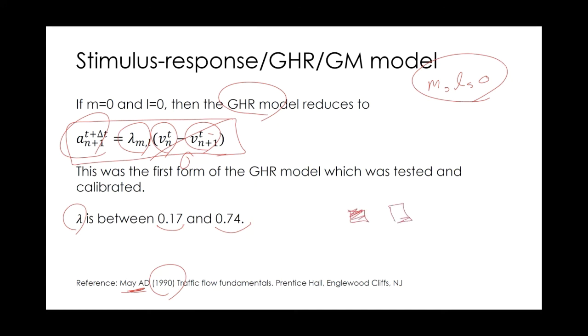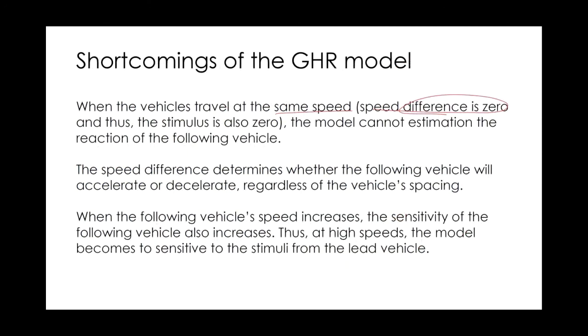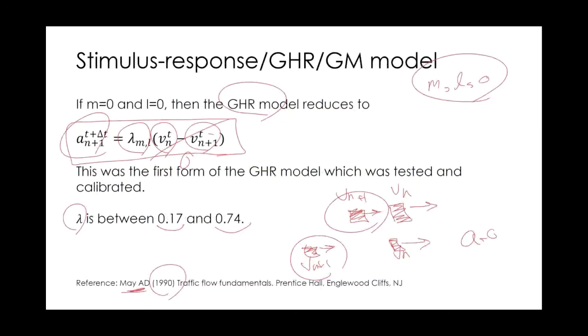Regardless of how far these two vehicles are, whether they are very close or far, if they're going at the same speed, the model says the acceleration of the follower is equal to 0, which may not necessarily be true. The speed difference determines whether the following vehicle will accelerate or decelerate, regardless of the vehicle's spacing, because with m and L equal to 0, there's no spacing involved in the calculation of acceleration here.